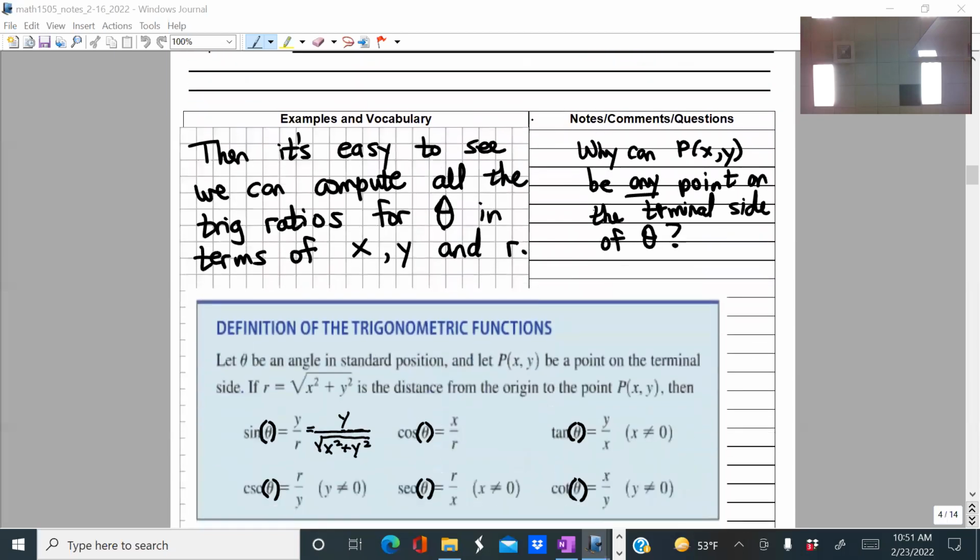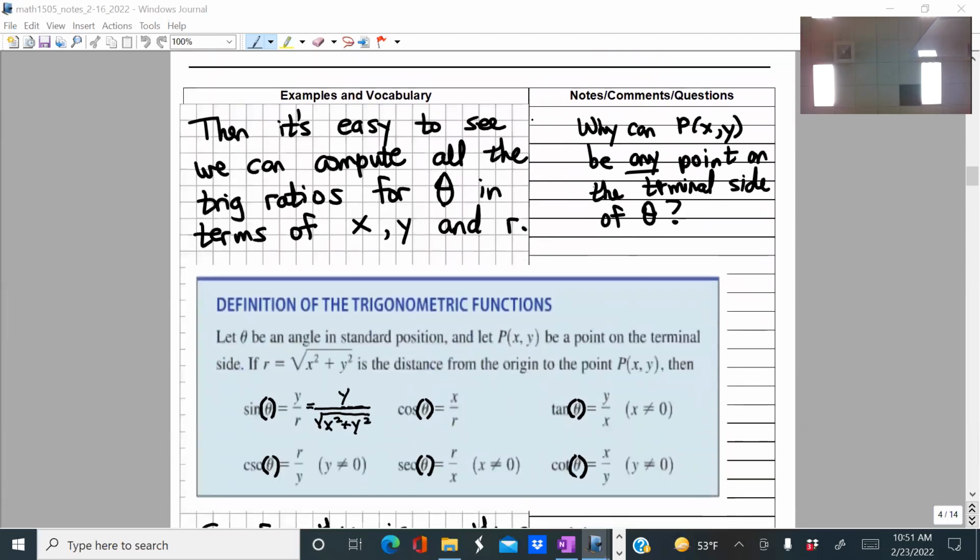So if you have an angle and you put it in standard position, and you have a point on the terminal side of the angle, any point, then you can compute the trig ratios for that angle just using the coordinates of the point.